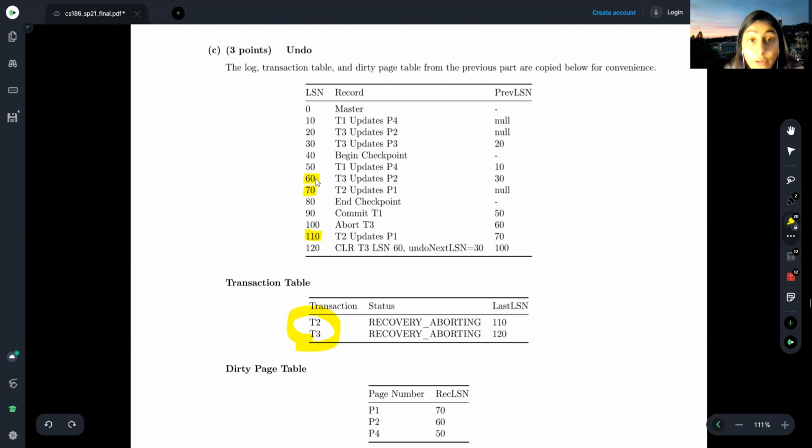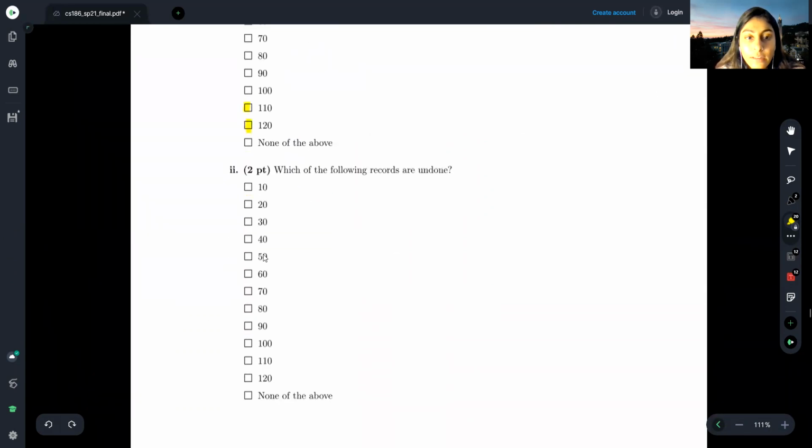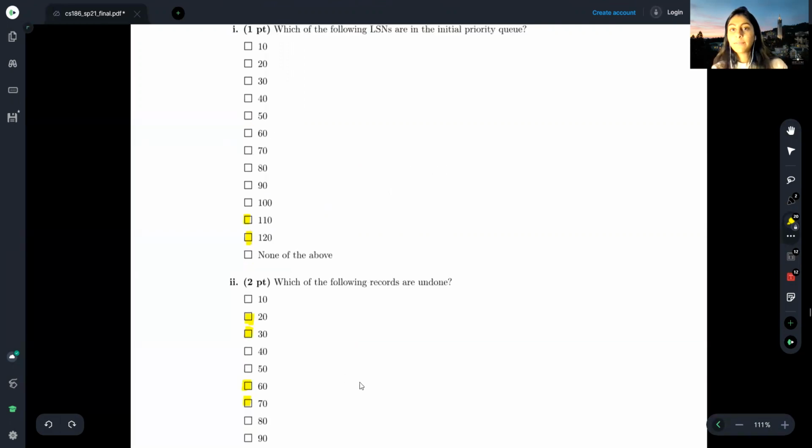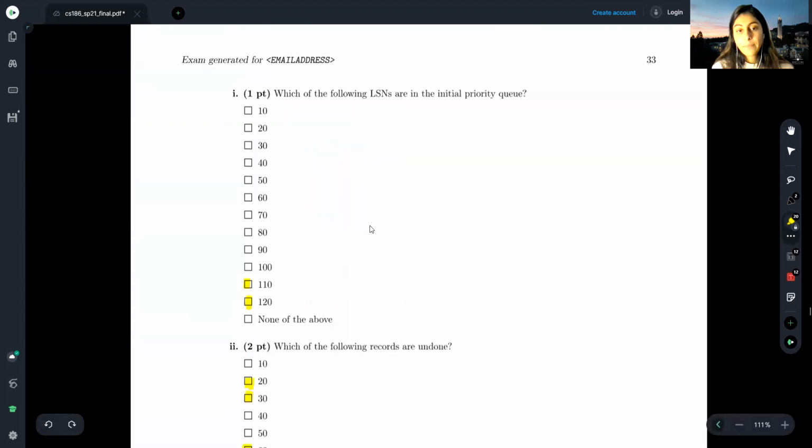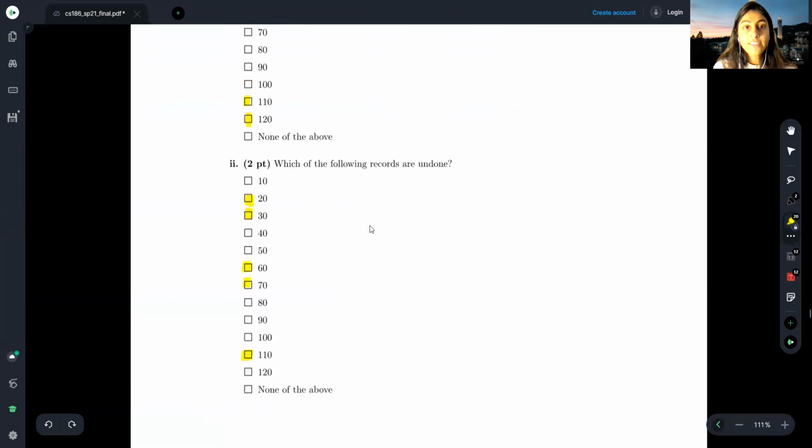LSN 60 as well. And then we have another one here at 30 and 20 involving T3. So you have 20, 30, 60, 70, and 110. Those are the records that are undone. Notice, even though we had a CLR involving T3, we don't undo it because we don't undo CLR records. And that's all for question 7.